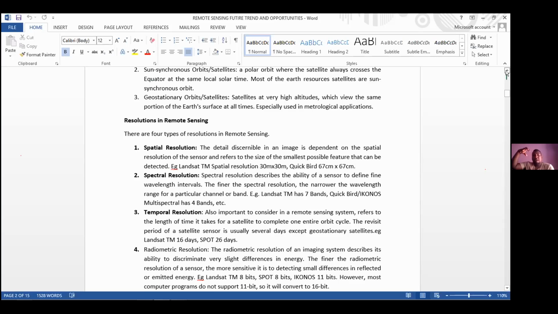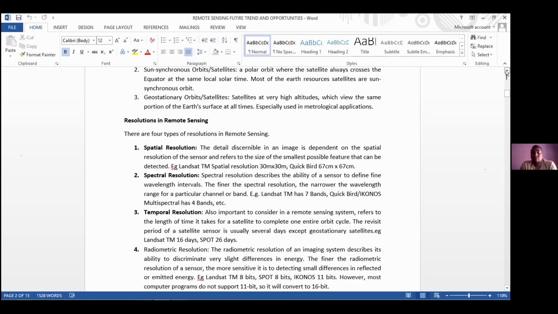Landsat has a strength of 8 bits. We have Spot, which has a strength of 8 bits again. We have Ikonos, which has a strength of 11 bits. And we also have others that have even stronger bits. So the stronger the bits, the stronger the satellite is. That is the strength to obtain the finer and minute electromagnetic radiation that is there.